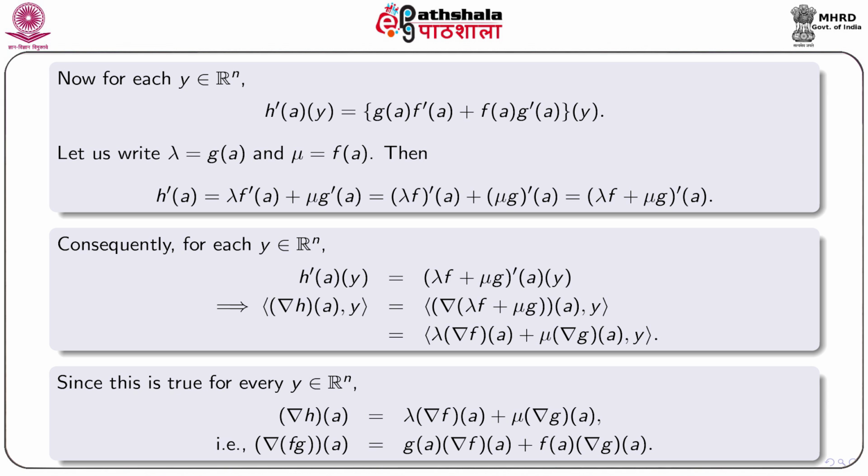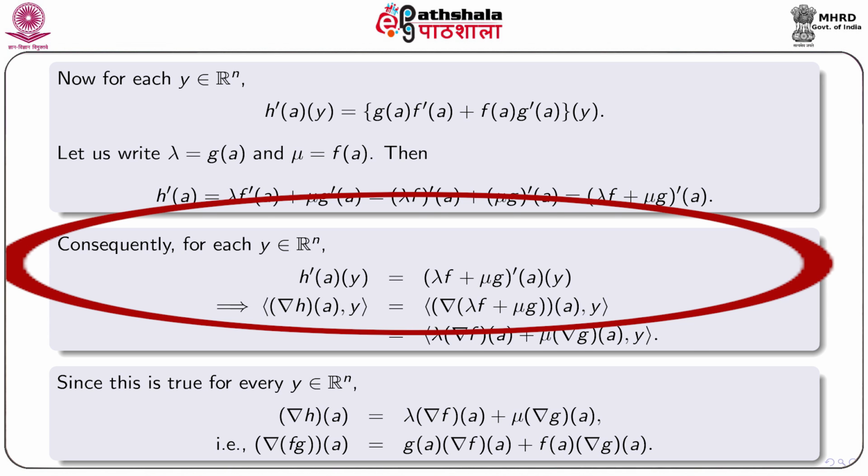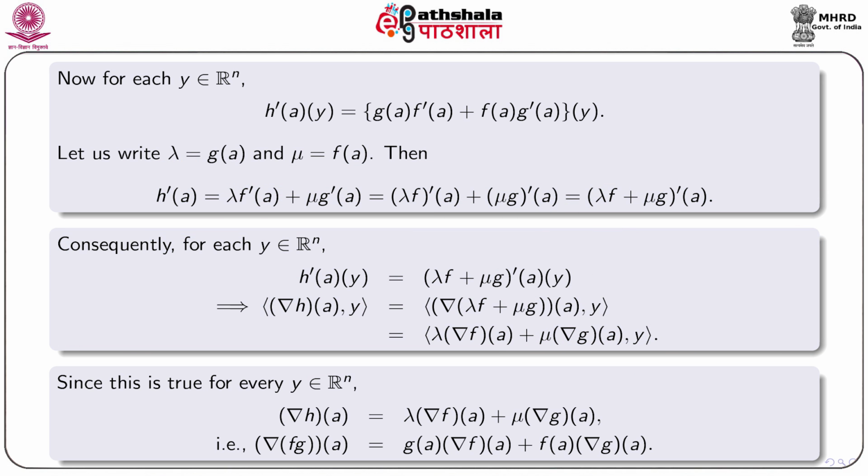Then H'(a) is nothing but lambda F'(a) plus mu G'(a), that is (lambda F plus mu G)'(a). Consequently, for every y in Rn, we find H'(a) operated on y equals (lambda F plus mu G)'(a) operated on y.